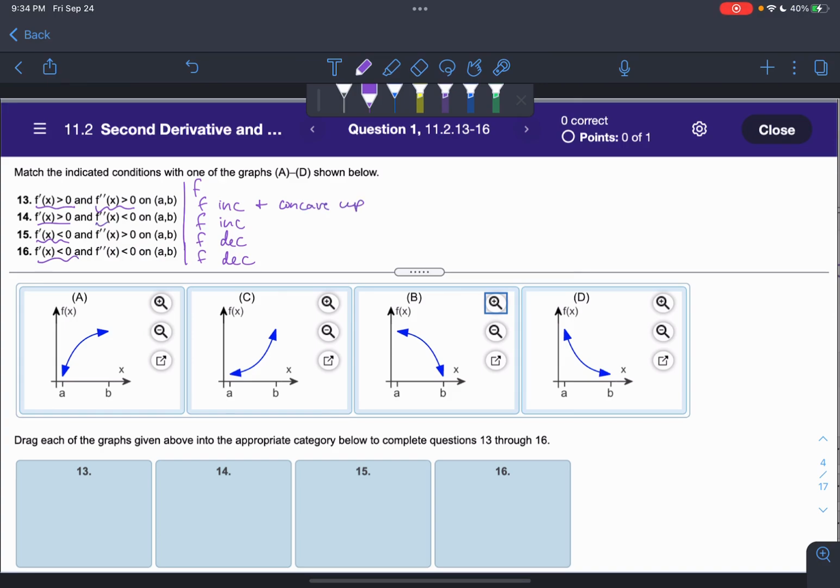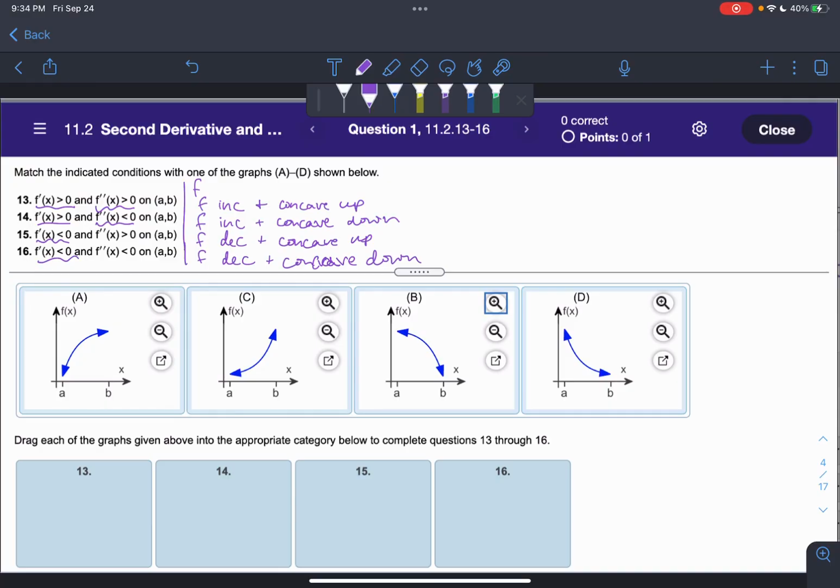This next one, my second derivative is negative, so this means I'm concave down. And then similarly, concave up and concave down. Concave down.